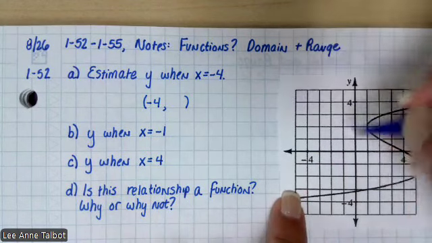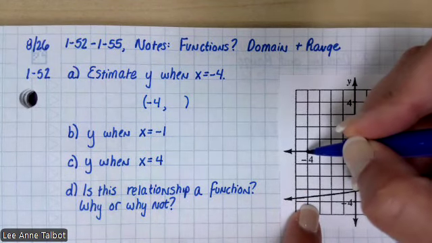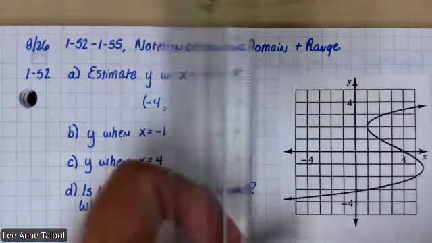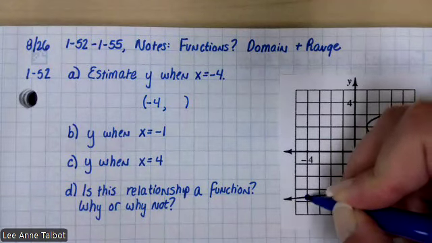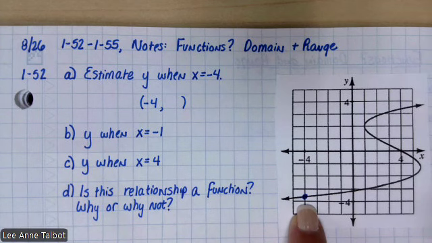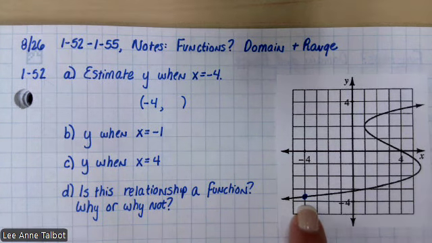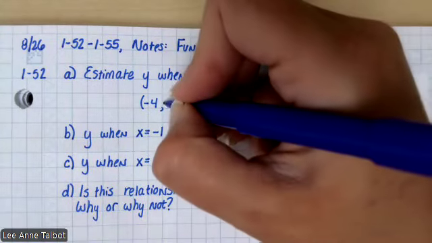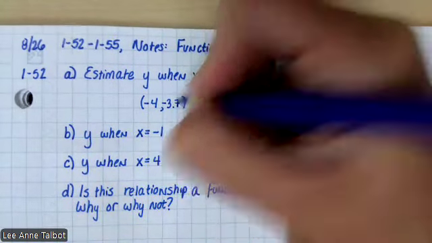So I'm going to go to -4 on the x, which is right here. And then go down to the graph right there. And it says estimate, so don't worry about it being a decimal. What do you think? -3.7?